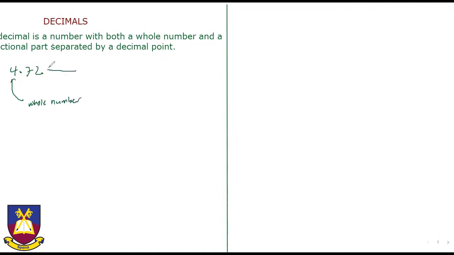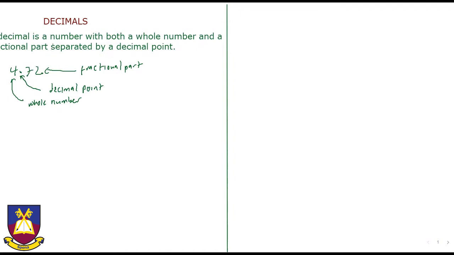It has a fractional part, and the two are separated by a decimal point. So any number that's in that format is what we call a decimal, or a decimal number.